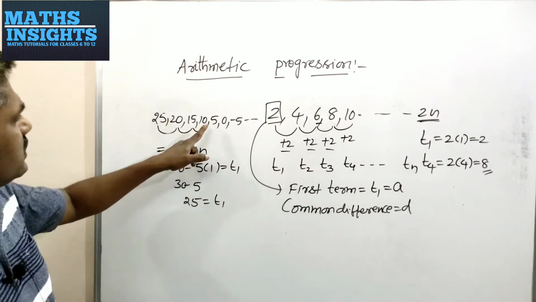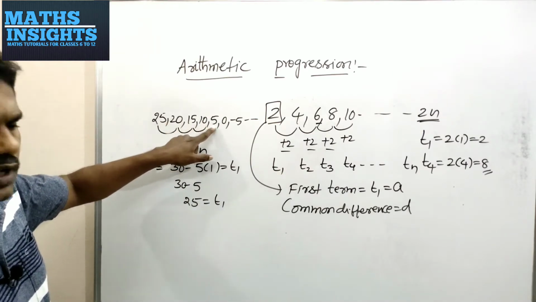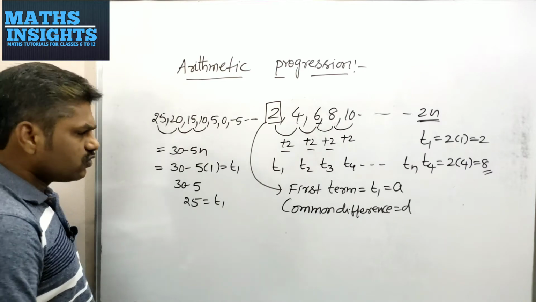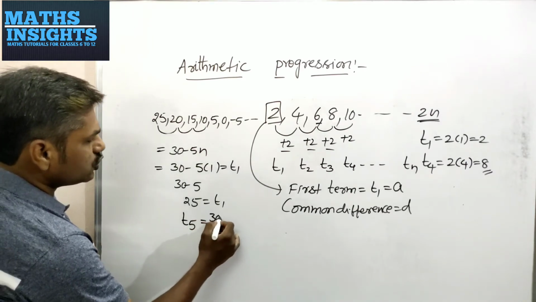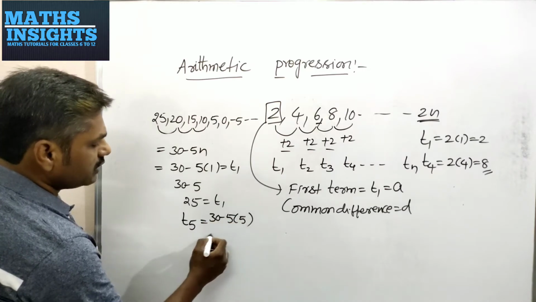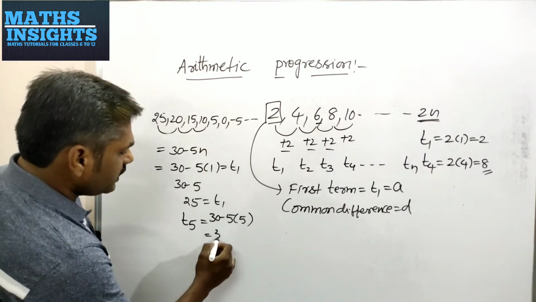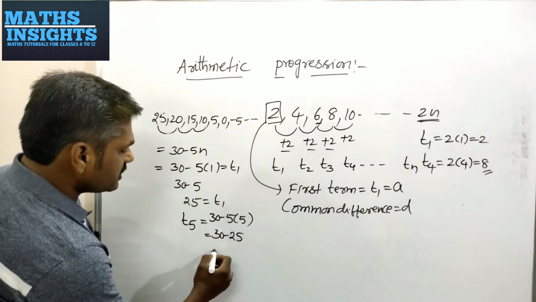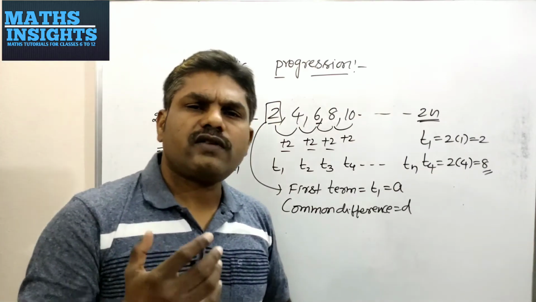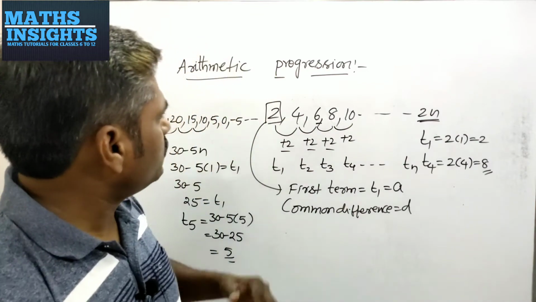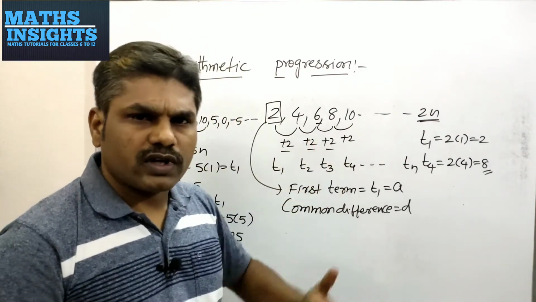If you want to get, suppose, a fifth term, I have to replace n is equal to 5, that will become T5. So 30 minus 5 into 5, that is equal to 30 minus 25, which is equal to 5. So you may use different formulas for finding the particular terms of an arithmetic progression.